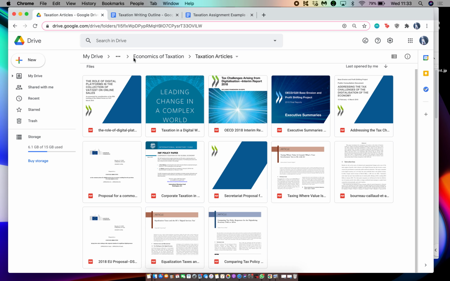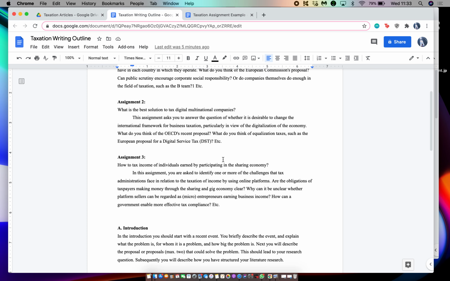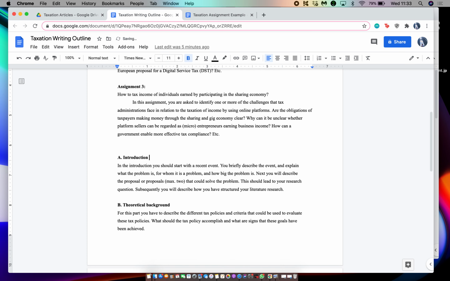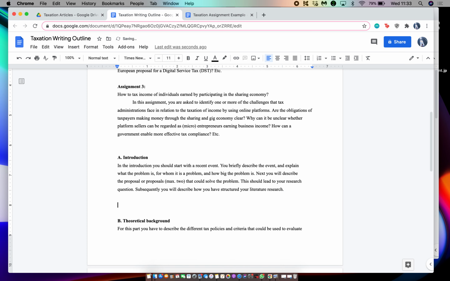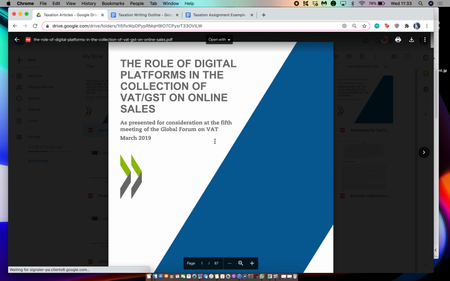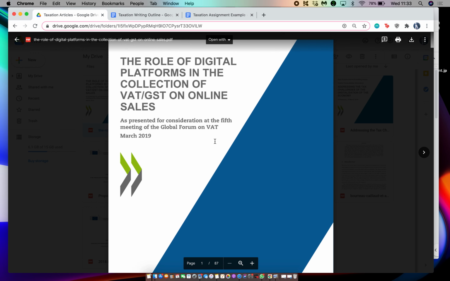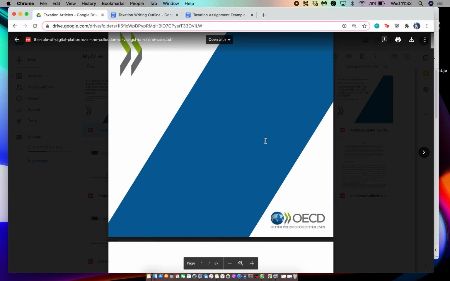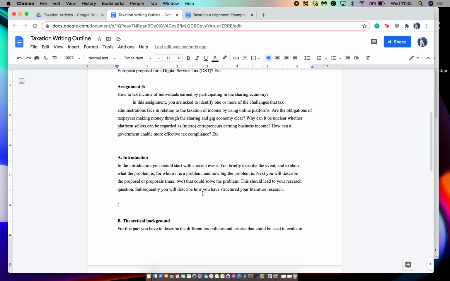Whenever I am making my taxation assignment and I'm thinking, oh, I want to include an article by, let's just take a look at this one. This one was from March 2019 by OECD. Let's say I really wanted to reference OECD in my introduction, or I know there's information in that specific article that would be good for my introduction.